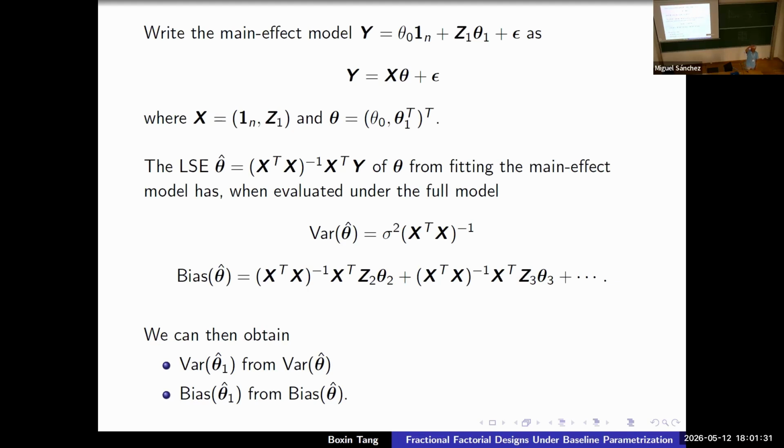The bias actually is a vector, right? The bias on the intercept, and the bias on the main effects. If you remove the first entry, you get the bias vector on the main effects. So basically, we can obtain the variance covariance matrix of the main effects and the bias vector for the main effects.